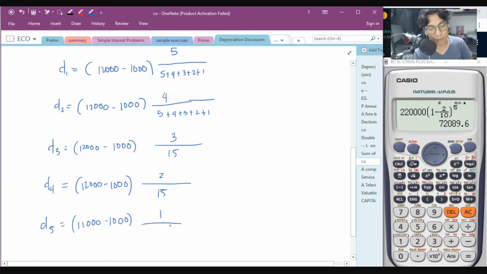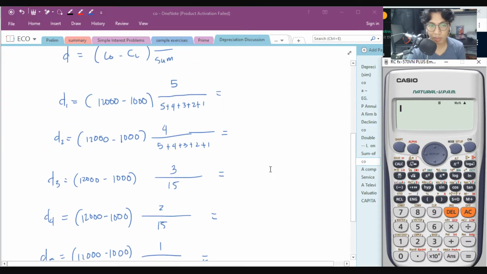So, 1 over 15. Tignan natin yung kanilang mga corresponding values. Calculate natin. 12,000 minus 1,000, I bet that is 11,000. 11K.